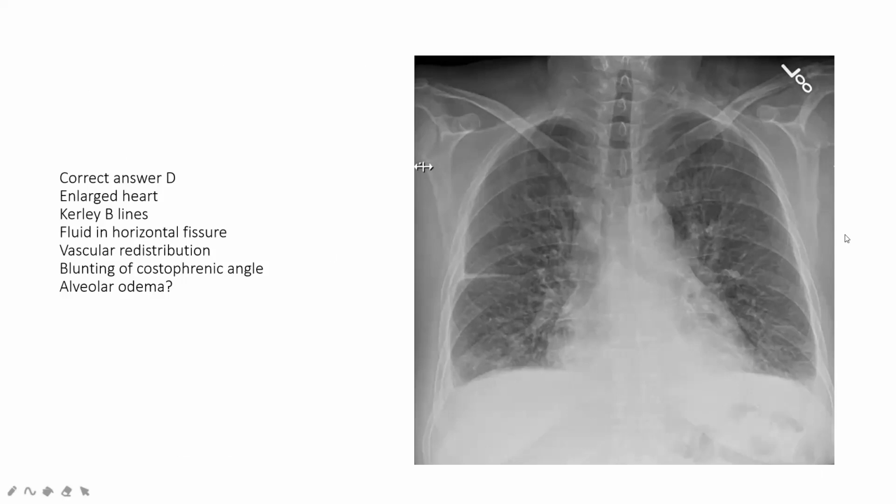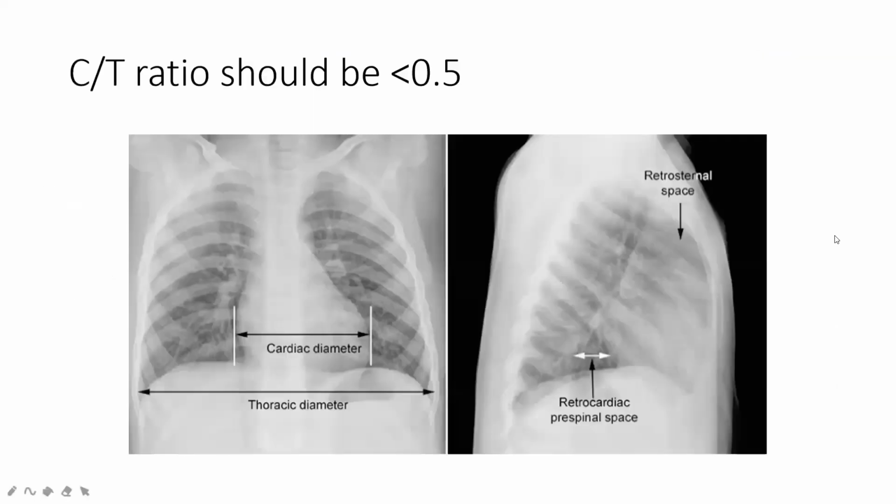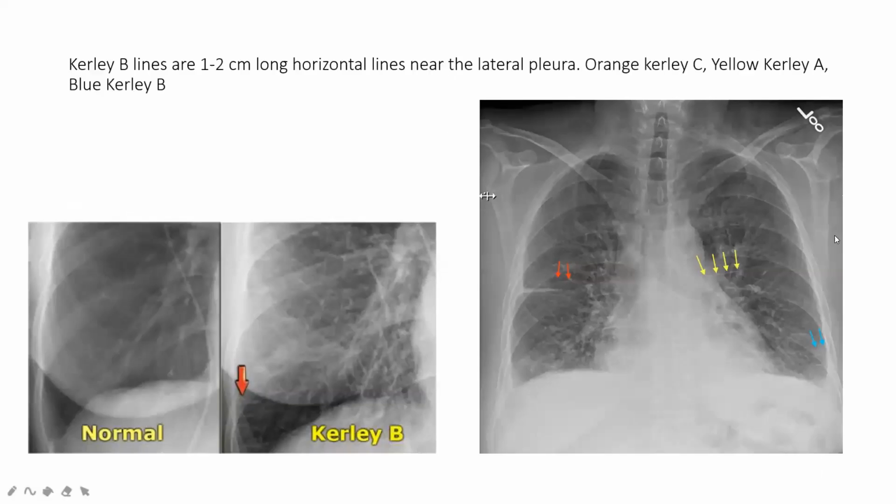The other thing that you can see is something called Kerley B lines. These are basically reticular patterns which show that there is fluid in the lung. There are different types of Kerley lines. You can have Kerley A, B, and C, depending on the positions in the lung fields.